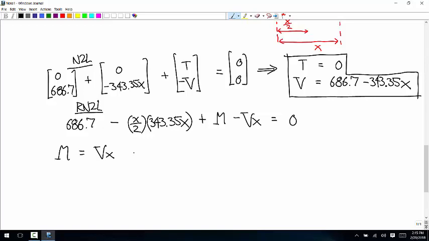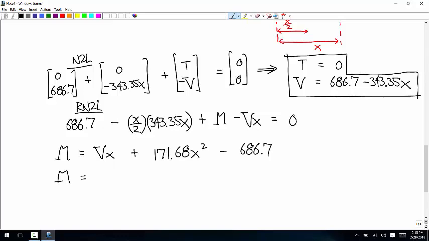So m equals Vx plus 171.68x squared minus 686.7. Now for Vx, we have this expression for V, so we'll multiply all that by x.